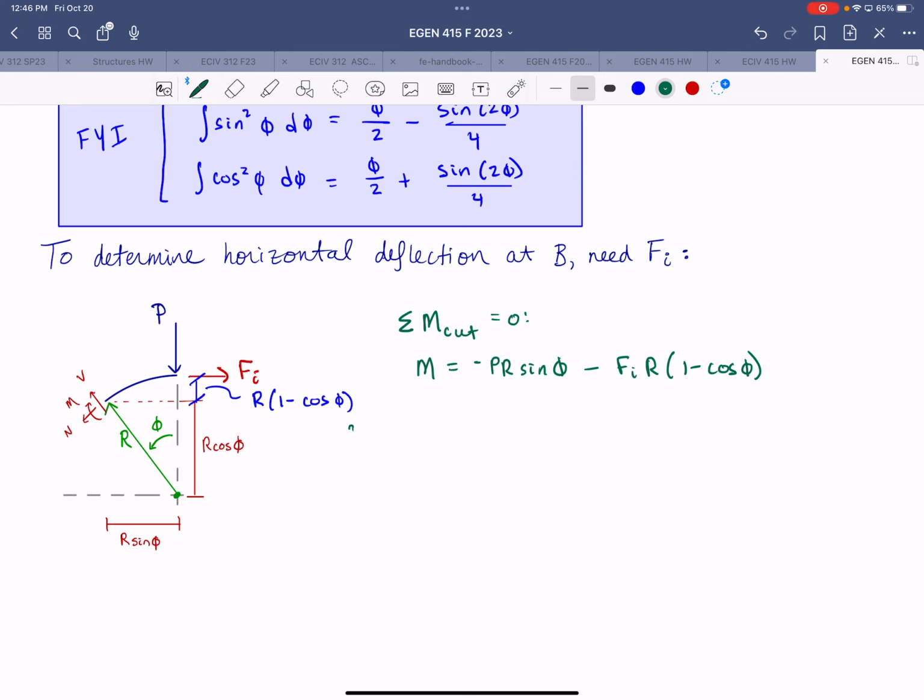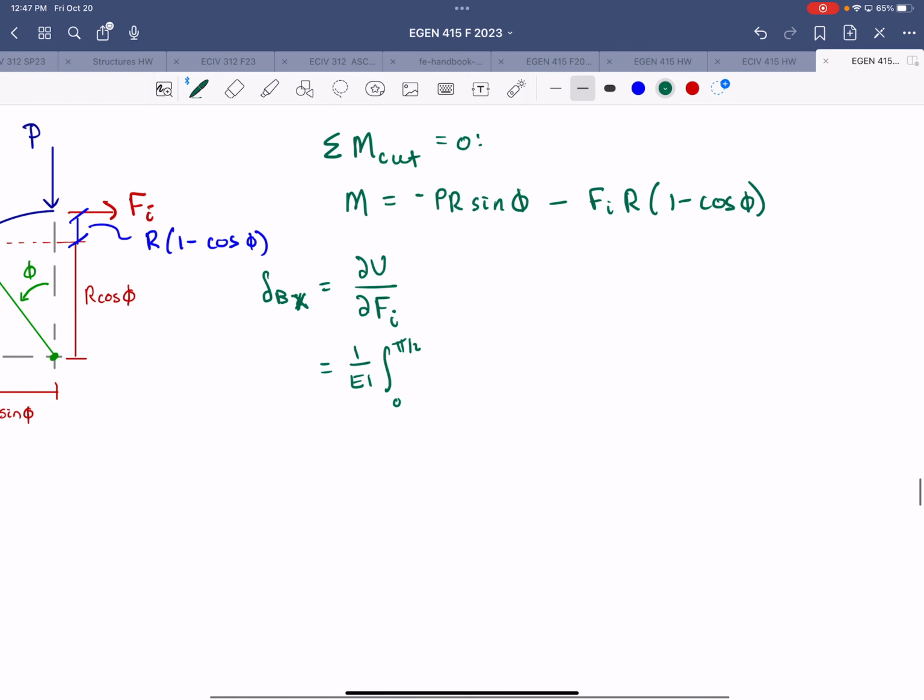And then setting up the integral for delta B in the x direction, we have the partial derivative of strain energy with respect to the fake force Fi, which is 1 over EI times the integral from 0 to pi over 2 of M, which is PR sine phi.